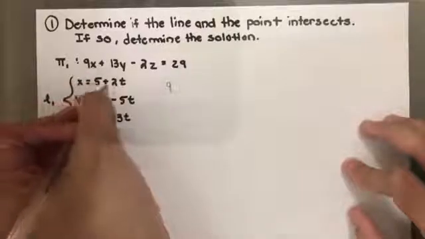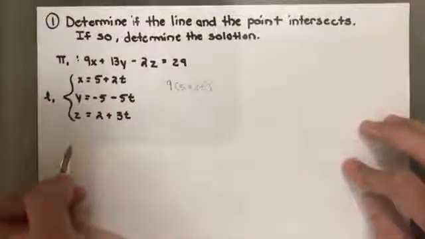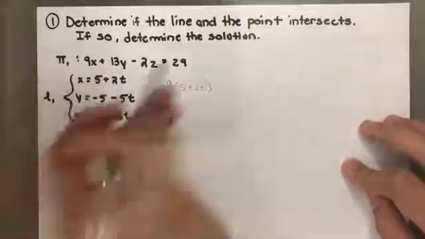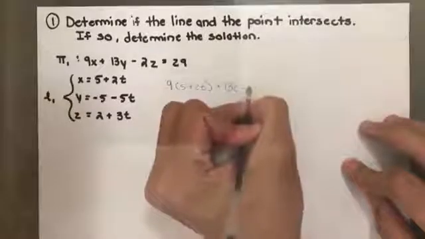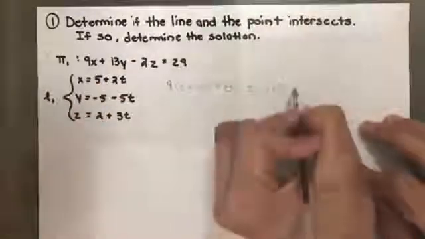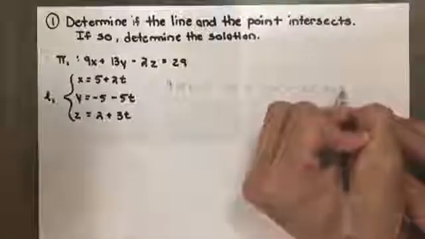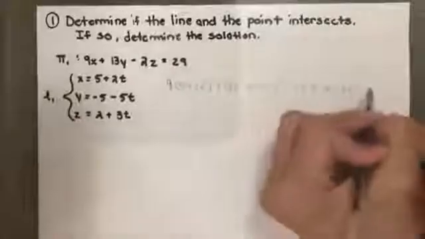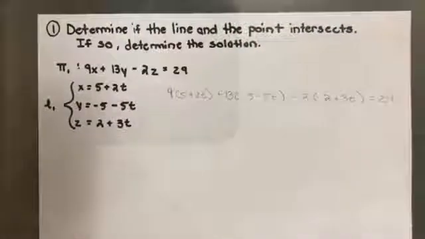And then our x value is going to be 5 plus 2t. Now same thing goes for the y, so we're going to have plus 13, and we can have minus 5 minus 5t. All we're doing is just substituting the values. And then we have a minus 2, and our z value is going to be 2 plus 3t, which is all equal to 29. So far, so good.